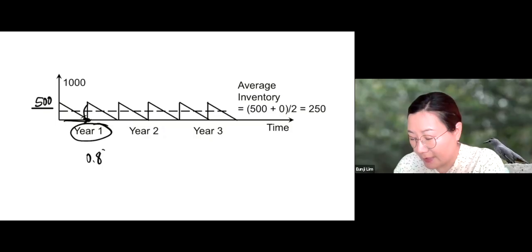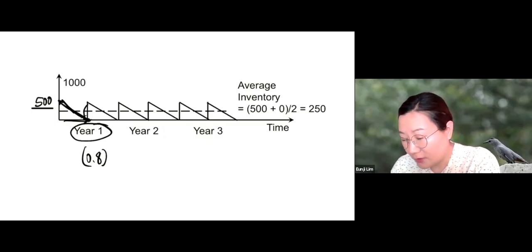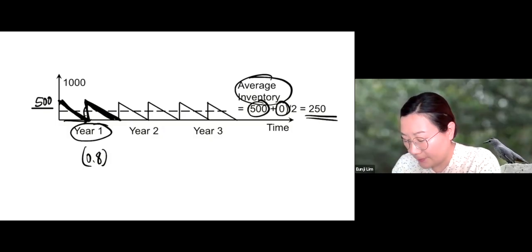We know it's 80 cents per unit, but how many units are we holding in inventory on average? Since your inventory level is changing continuously between 500 and 0, your average inventory is the average of 500 and 0, which is 250. So you take 80 cents and multiply by 250, so you get $200 per year.